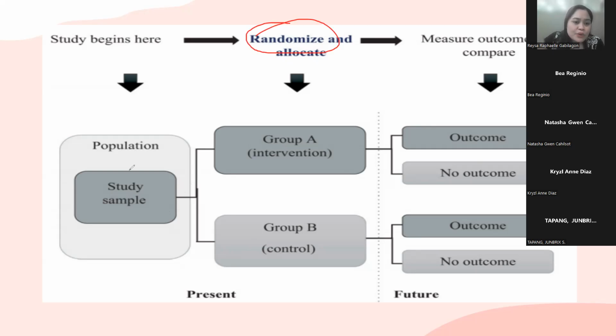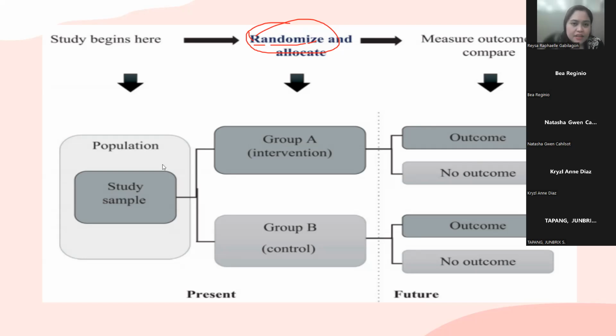Okay, when you have your sample, diba, remember we are grouping them. And how do we distribute them in groups? You have to do randomization. Kasi without randomization, we cannot assure that walang bias. So magkakaroon tayo ng problems sa variation sa result ng ating experiment.